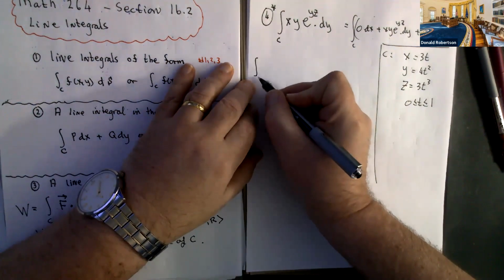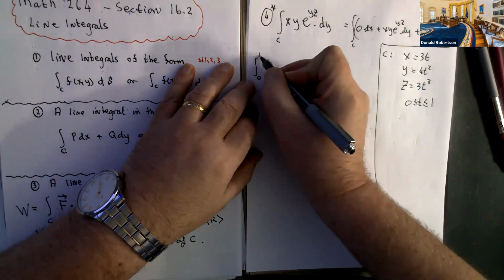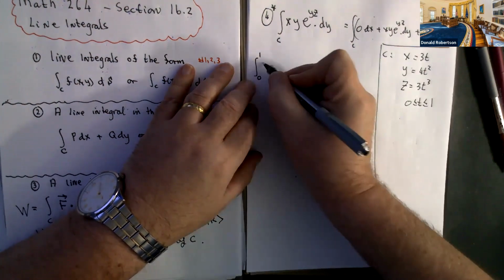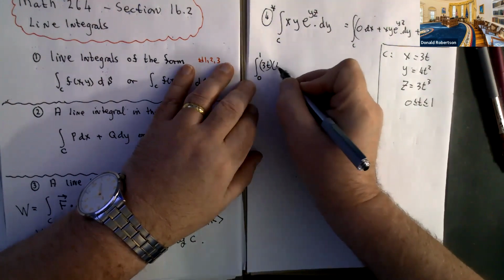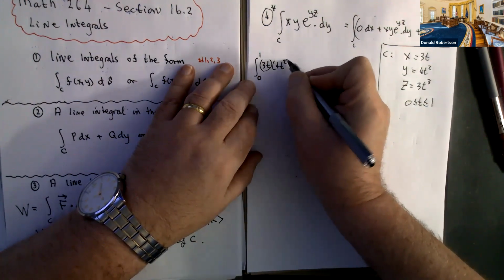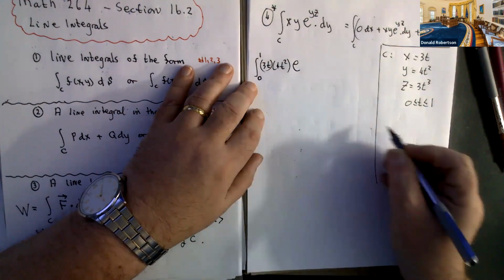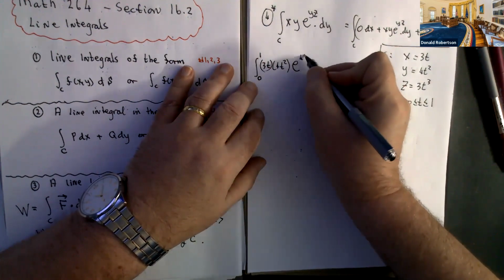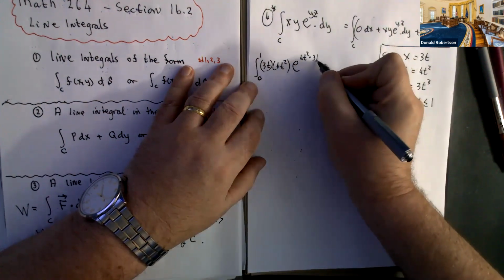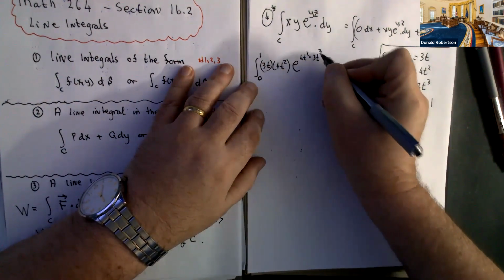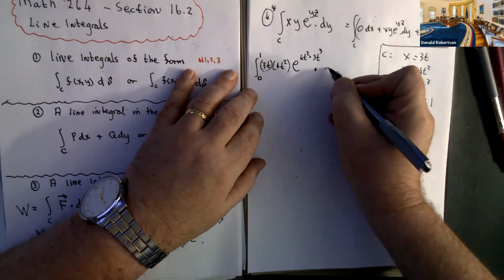So my integral is going to be from t equals 0 to 1. The x is going to be 3t times the y, which is going to be 4t squared, e to the power of y, which is what, 4t squared, times a z, which is 3t cubed, finally with a dy.